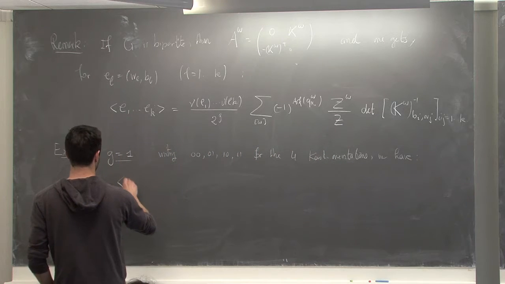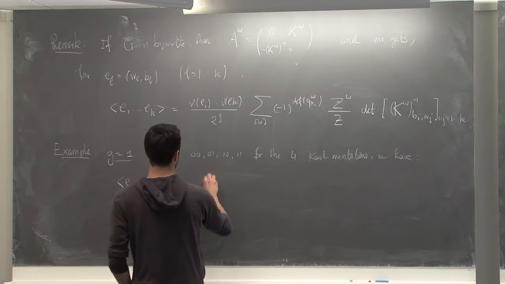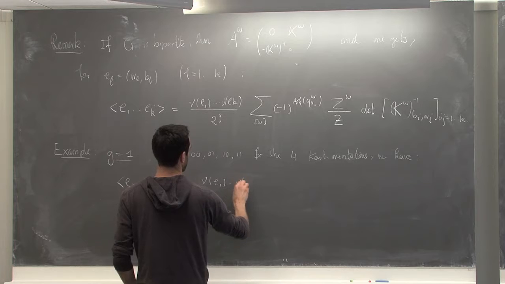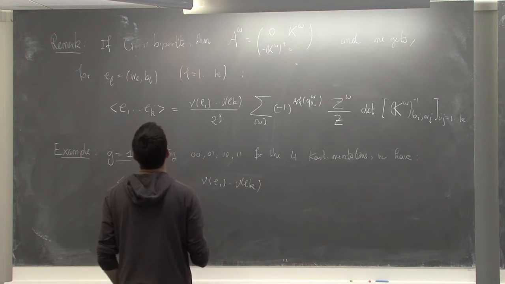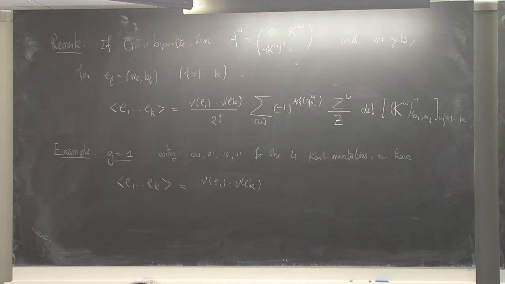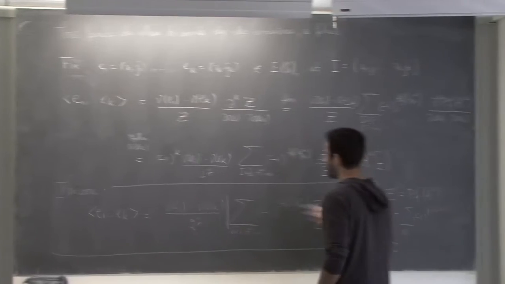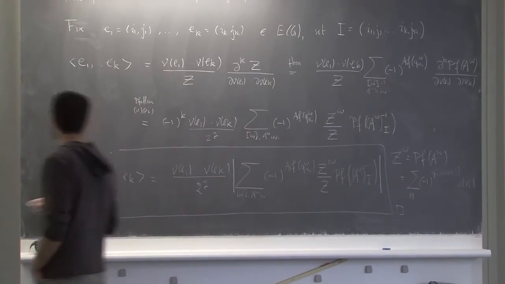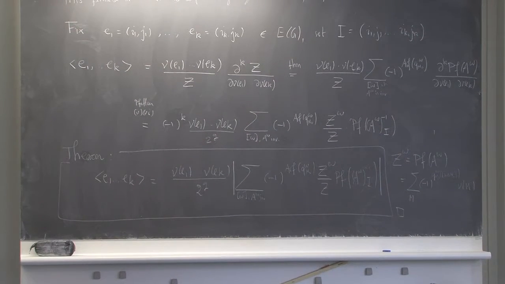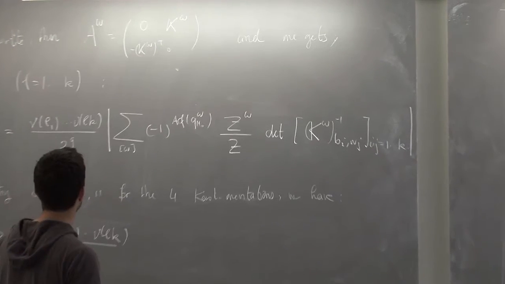So E_1 to E_k is, sorry, here I want to write absolute values, because there is this sign here.